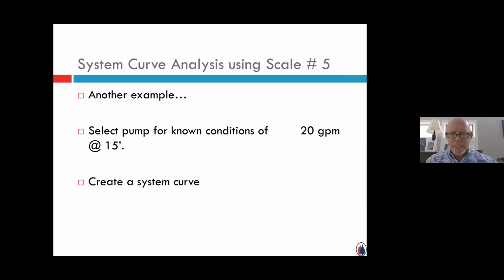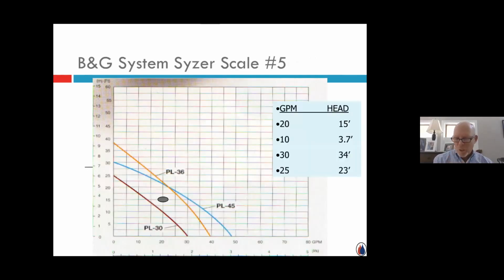Maybe it's a 200,000 BTU water tube heat exchanger boiler, and it has a fairly high pressure drop for the 20 GPM. I want to know what's going to happen here. So these are my options for the pump to meet this set of conditions: 20 at 15 feet of head.